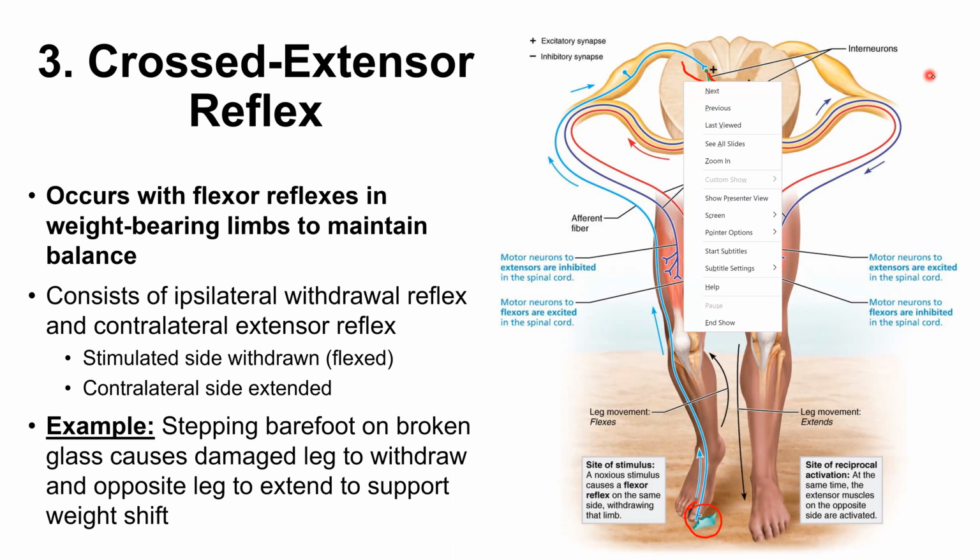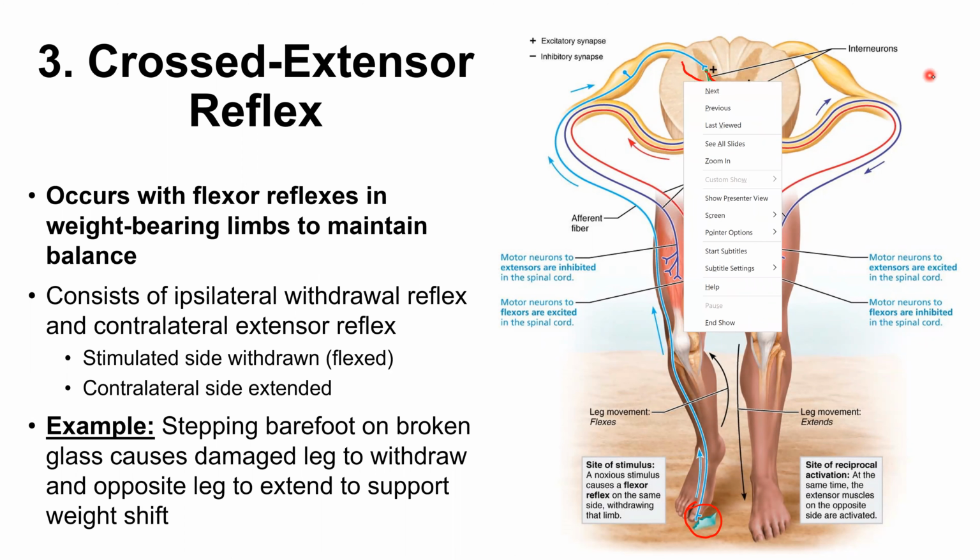And it's sending an inhibitory signal to the hamstrings, telling them to not contract, rather, okay? Because if we contracted these, that would also bend the leg. We don't want to do that. So instead we contract our quads, and this allows us to stand on our foot, on the unhurt foot.